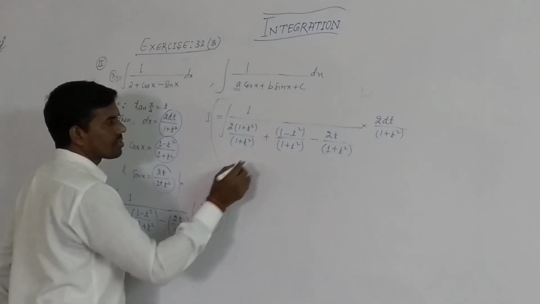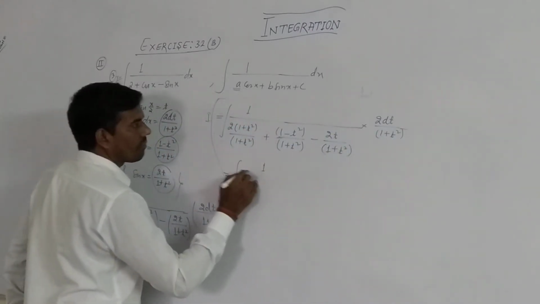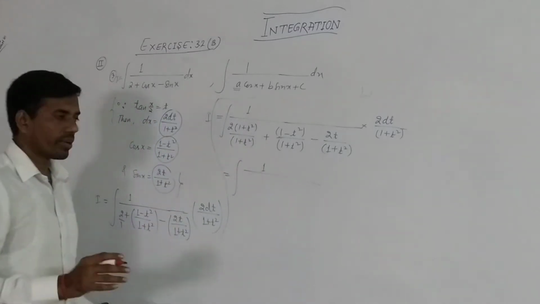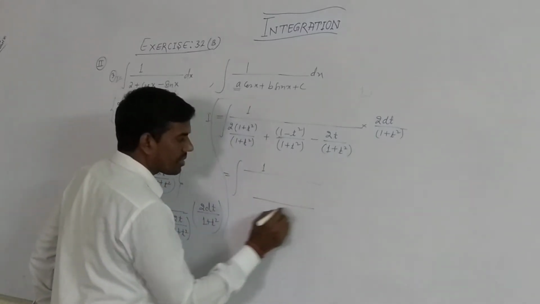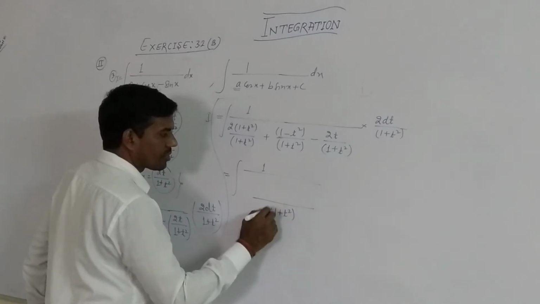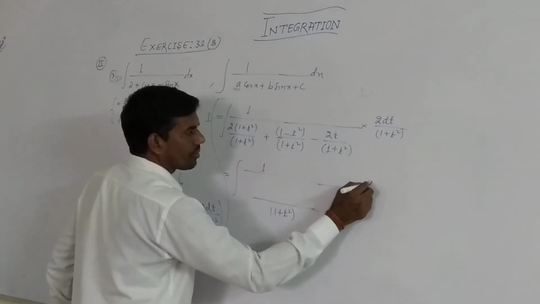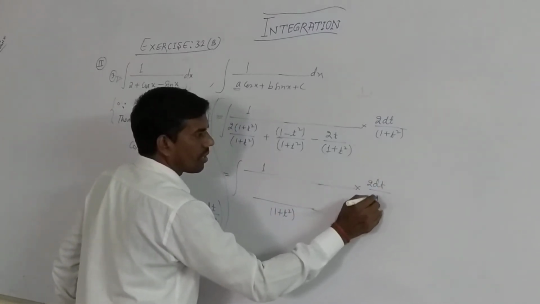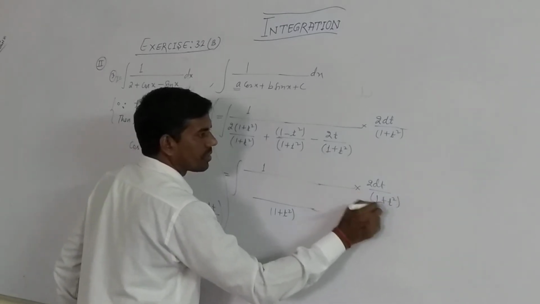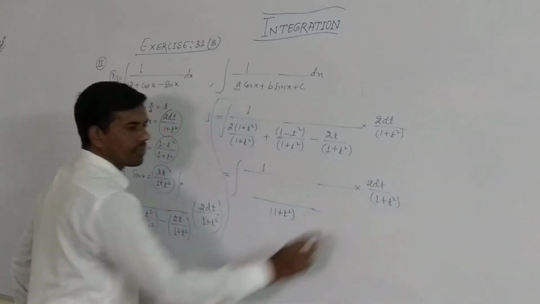Okay, first term, second term, third term, and we have to write 2 dt upon 1 plus t square. After simplification we get 1 upon the LCM, which is 1 plus t square, and here we have 2 dt upon 1 plus t square. Okay, clear?